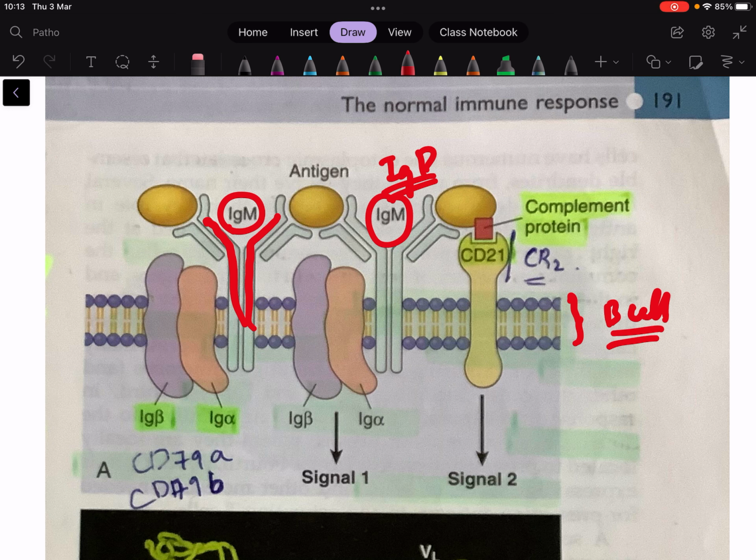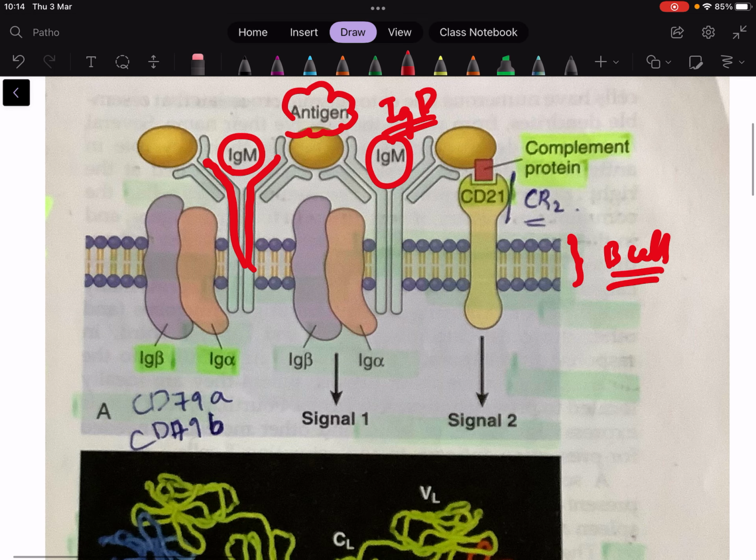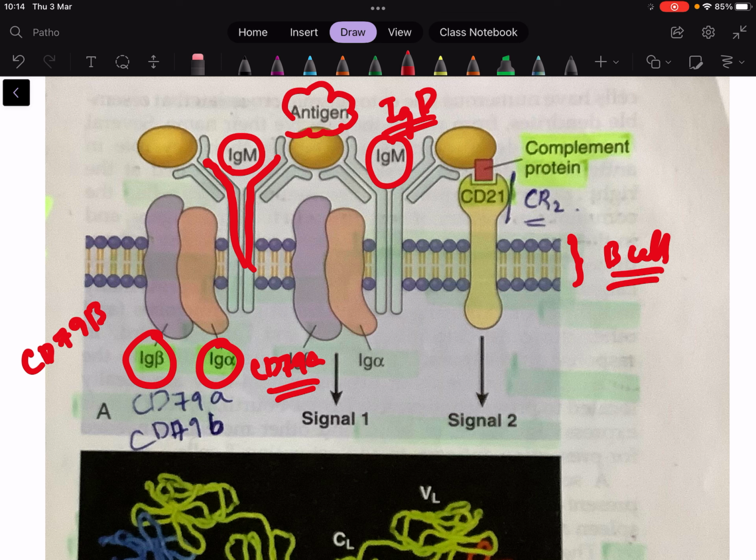The antigen of the bacteria is going to come and bind with these receptors on the B cell receptor. The other proteins of the B cell receptor complex are immunoglobulin alpha, which is CD79A, and immunoglobulin beta, which is CD79B.